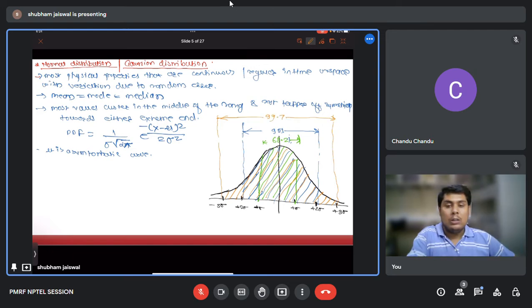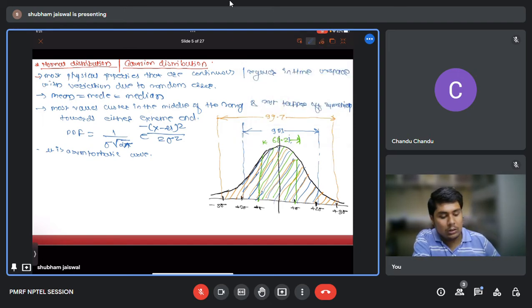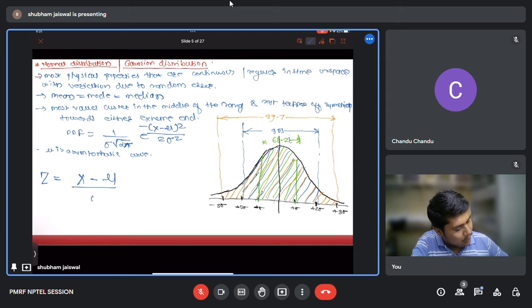Okay, and we can convert any type of distribution to the standard normal distribution if we just subtract the mean and divide by the standard deviation. So the standard normal deviate is given by the equation Z equal to x minus mu divided by sigma.